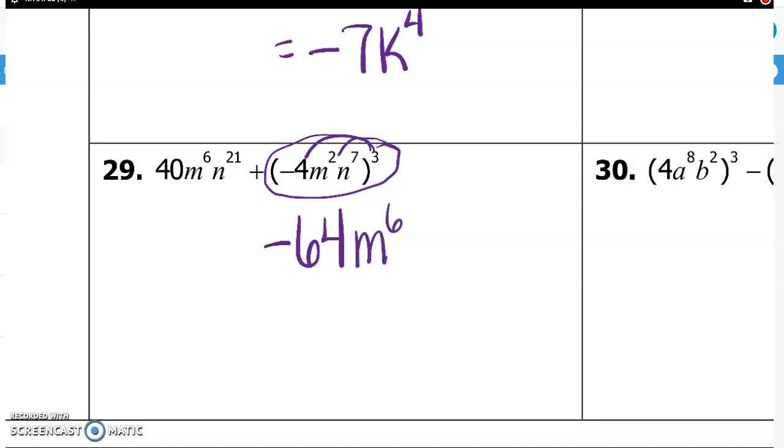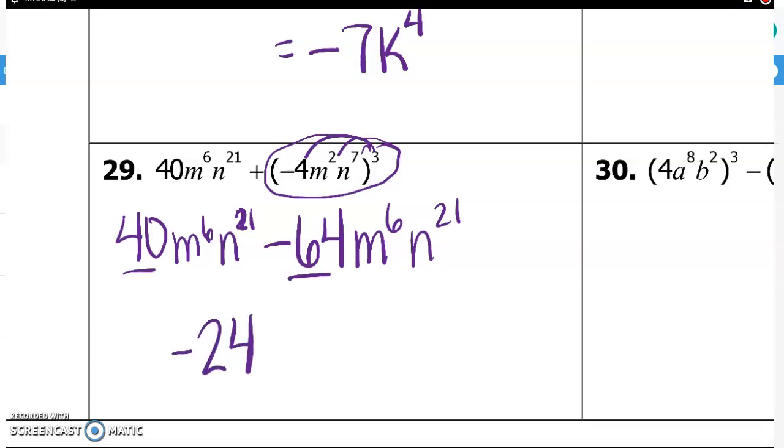M to the 6th, when we multiply our exponents, n to the 21. So it does match. So then I'm going to bring the 40, m to the 6th, n to the 21 straight down. So since our 64 was negative, we can just leave it as a minus sign. So since they match, we do 40 minus 64 to give us negative 24, m to the 6th, n to the 21st.